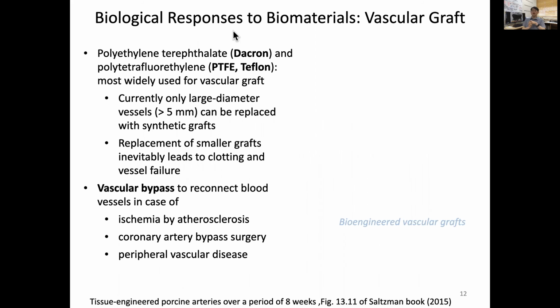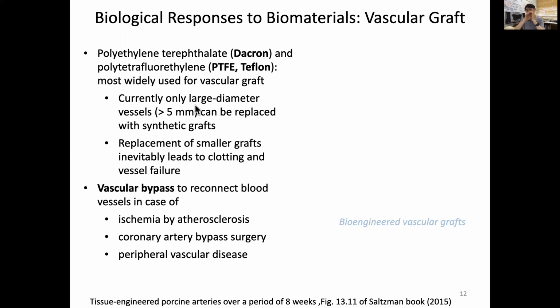A good example of biological response to biomaterials is the vascular graft, which is an artificial vessel. Dacron and PTFE, or Teflon, are the most widely used for vascular grafts.